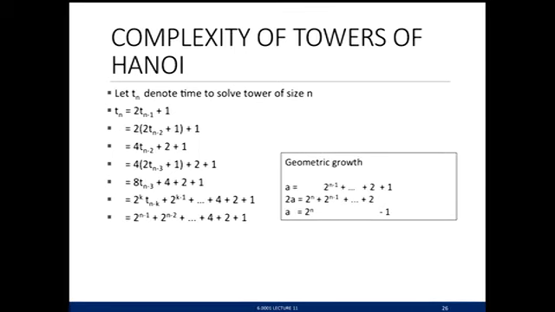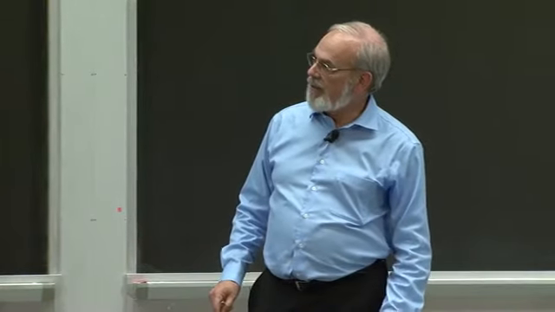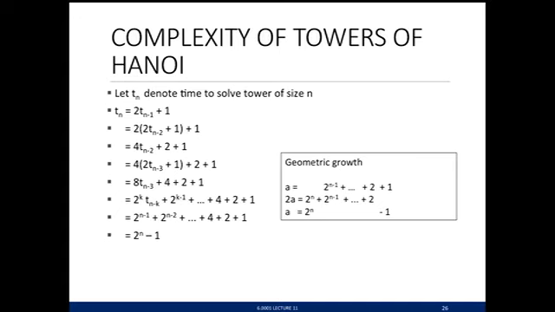Now, subtract this from that. And on the left side, you get a. And on the right side, you get that term. These all cancel out, minus 1. Geometric series. Cool. So that sum is just 2 to the n minus 1. And if I plug that back in there, I've got my order of growth. Exponential. 2 to the n.